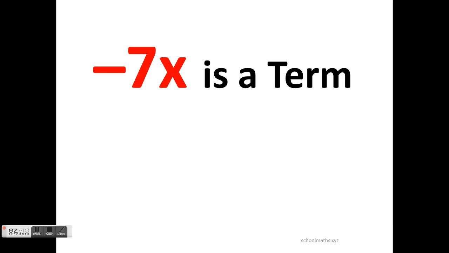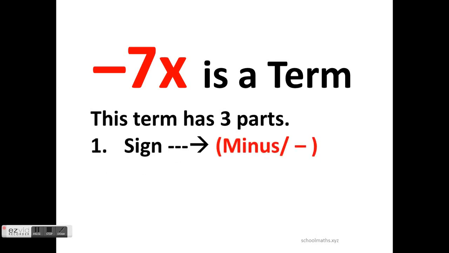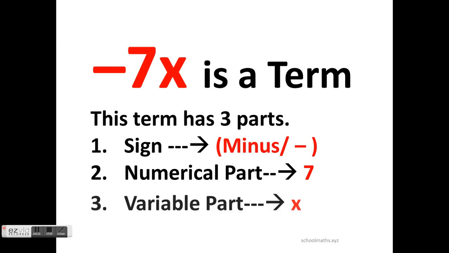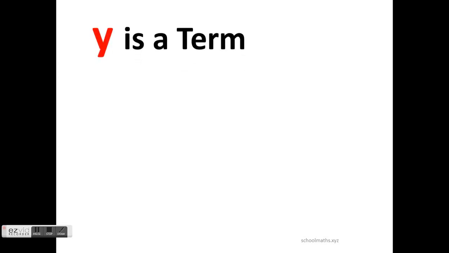Now see, minus 7x is a term. All the three things are multiplied together. This term has three parts: one sign, minus; one numerical part, 7, or you can say constant 7; one variable part, x.